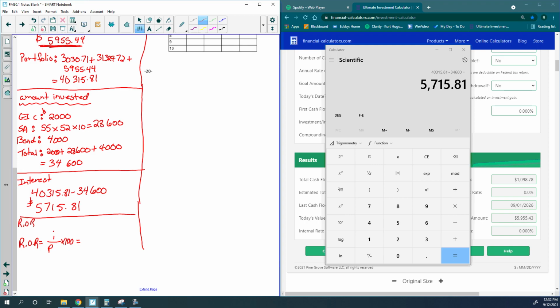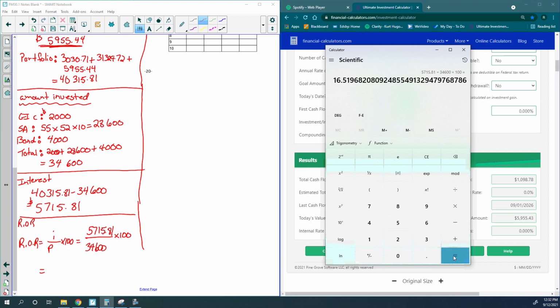In this case, the interest he's gained is $5,715.81 divided by what he put in at the beginning, so $34,600, times 100. So it works out to be 16.5% is his return.